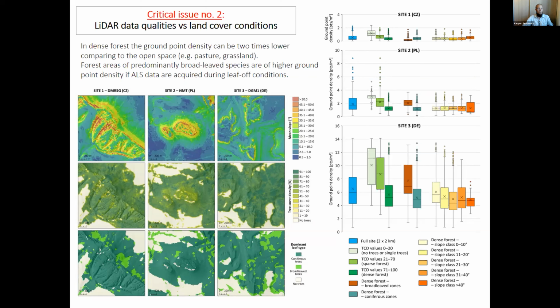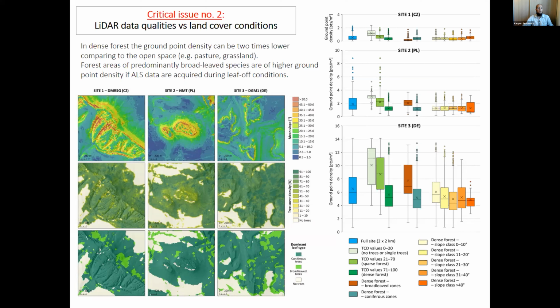And on the right, you can see plots of ground point density regarding non-forested, sparse forest, and dense forest conditions, also the dominant leaf type. And results show that in dense forest, the ground point density can be even 2 times lower comparing to the open space, pasture or grassland.